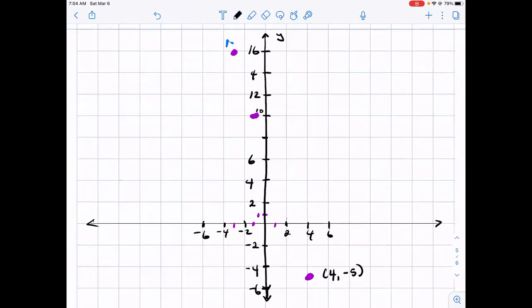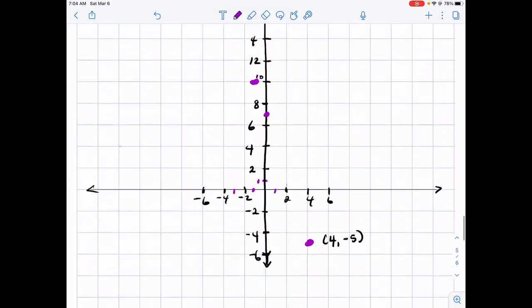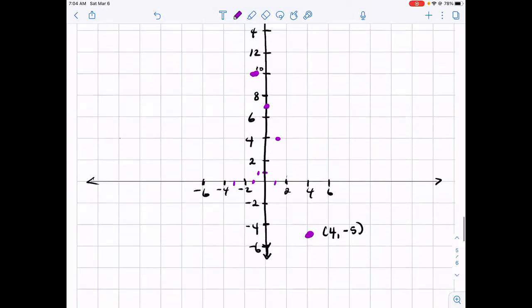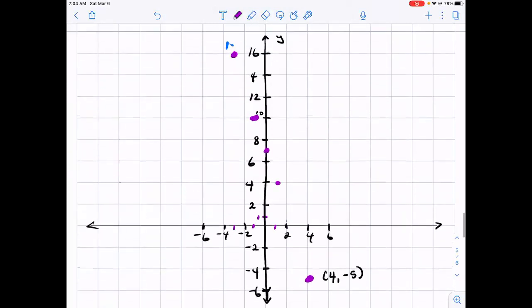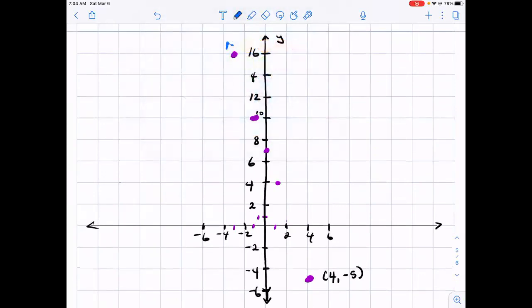This is 8. 7 would be somewhere here. Okay. (0, 7) and (1, 4) would be here. So let's see if we have a better graph now. If we have a better line, I should say.